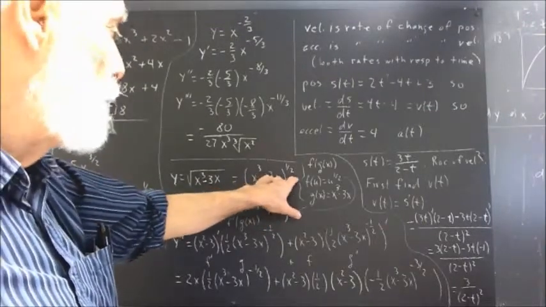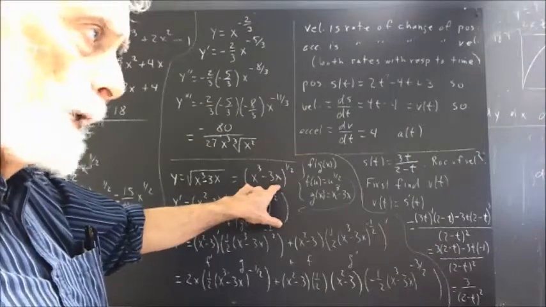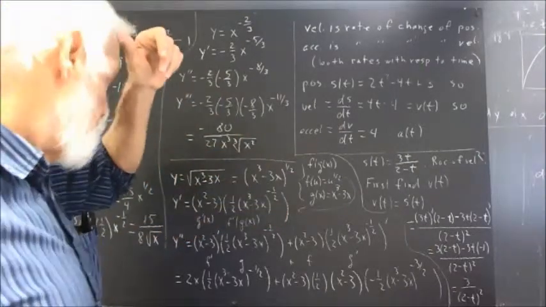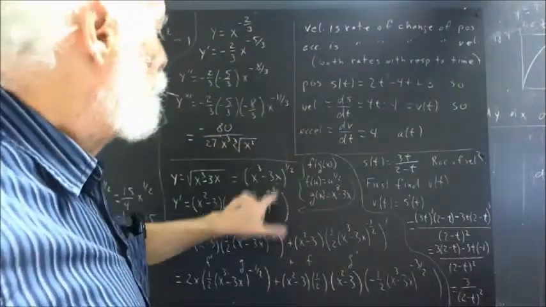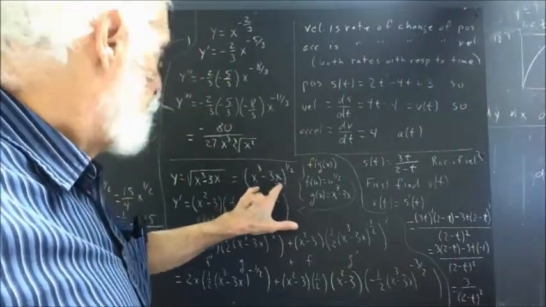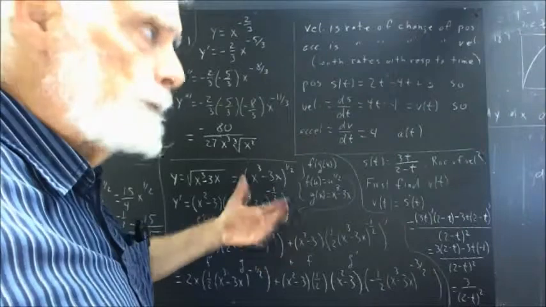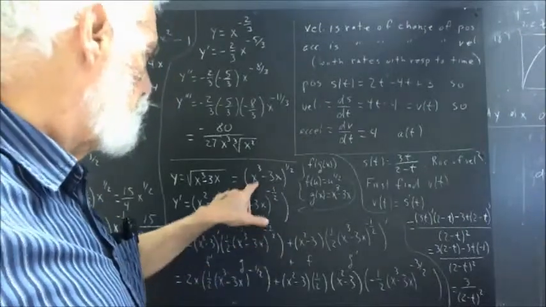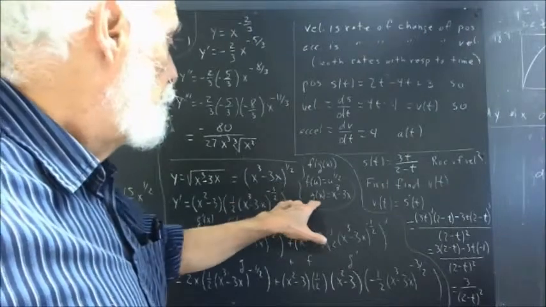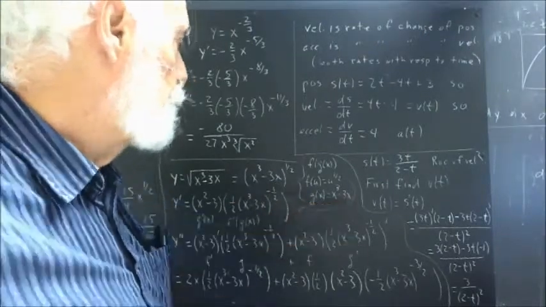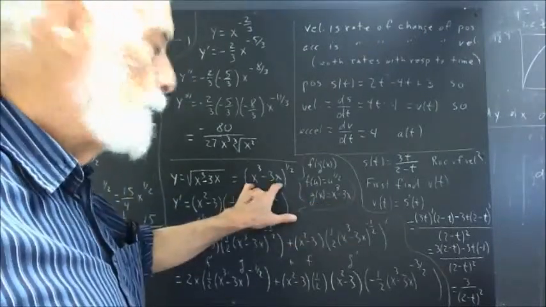It's the 1/2 power of x cubed minus 3x. So this is of the form f of g of x, with g of x the first function that we evaluate. If we're given a value of x, the first thing we're going to do is find x cubed minus 3x. So the g of x function is x cubed minus 3x, and then what do we do with that?